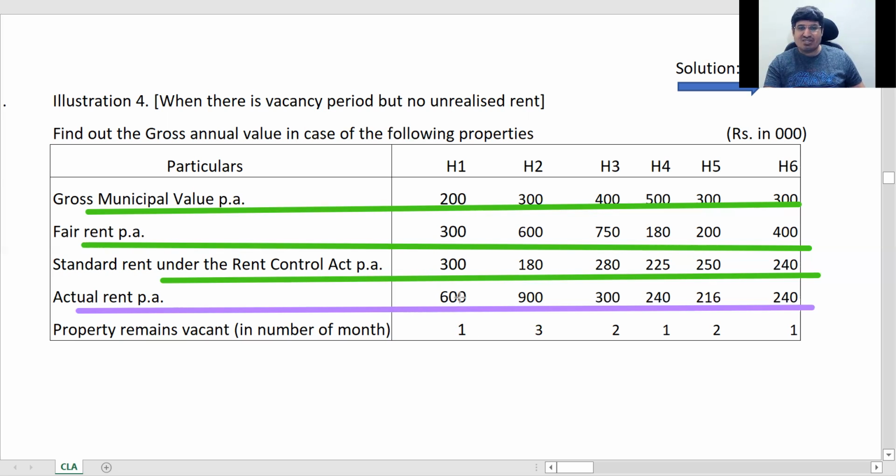I would have considered this violet line as 11 months rent. That one word, per annum, made that much difference, okay, remember that.